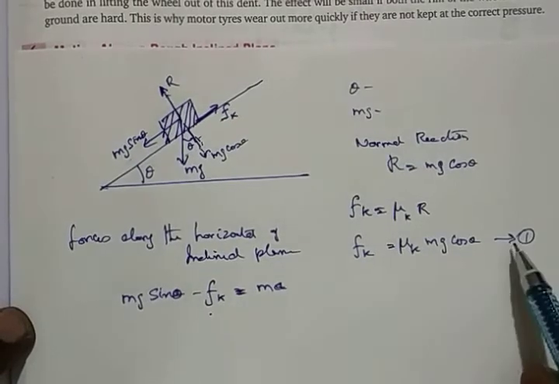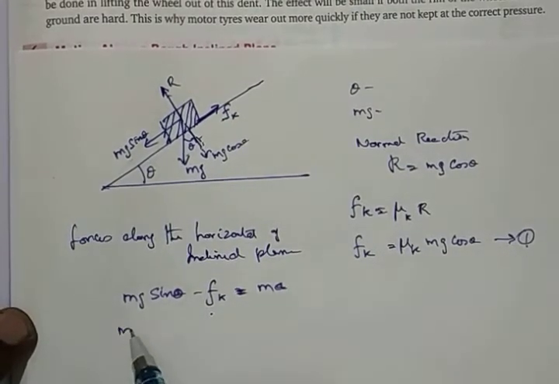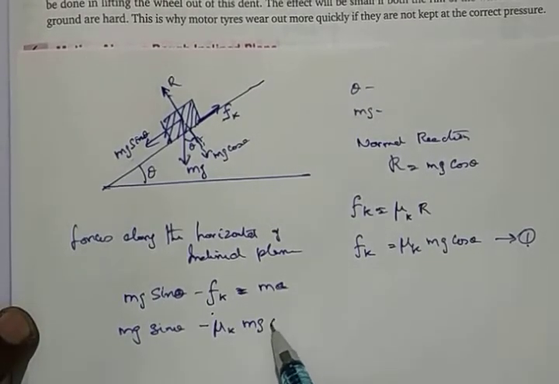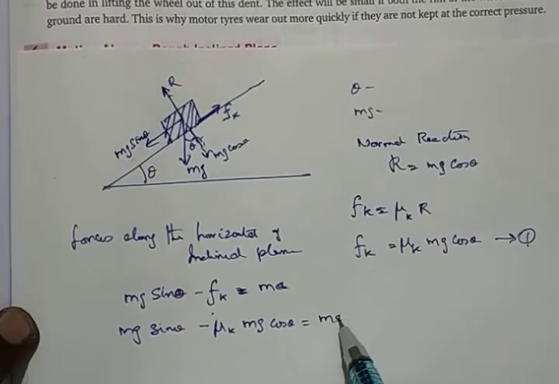Now Fk we already know from equation 1 here. So mg sin theta minus mu k mg cos theta is equal to m into a.